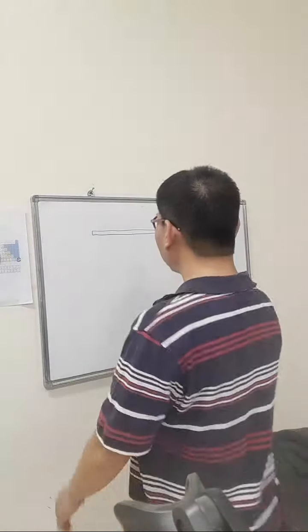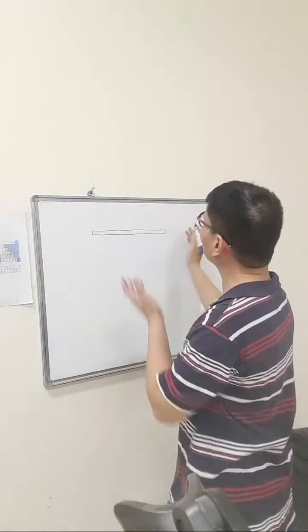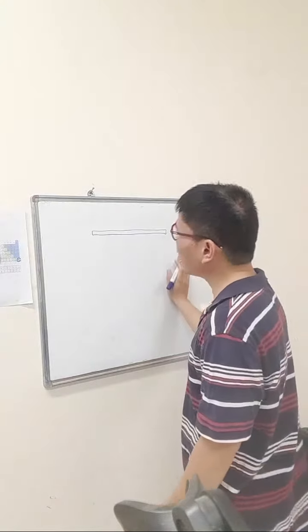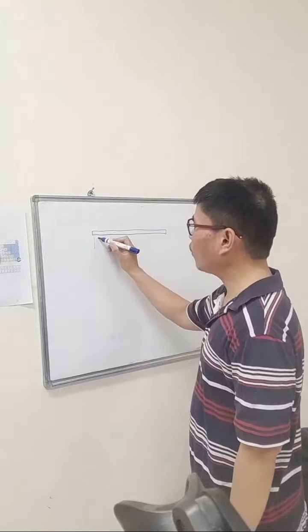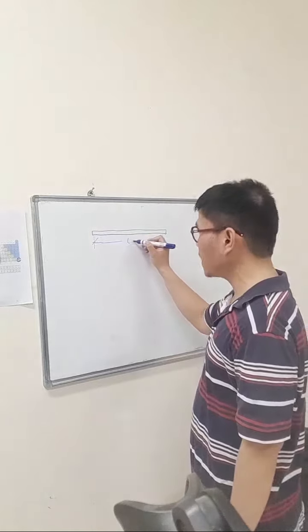I use the stick here as a noun, meaning an object, a non-living thing. It has no life. If I rotate this stick 360 degrees, I will cover a distance L here.